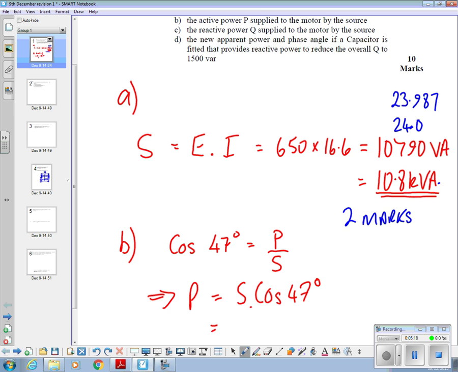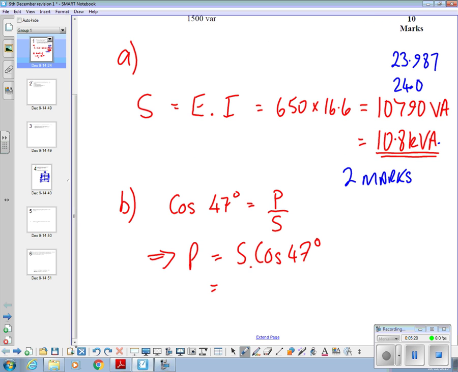Which is, to three significant figures, 7360. 10.8 times 10 to the 3 (you can use that notation, or you can write 10,800, I don't care) times cos 47 degrees, and the final answer is 7360.